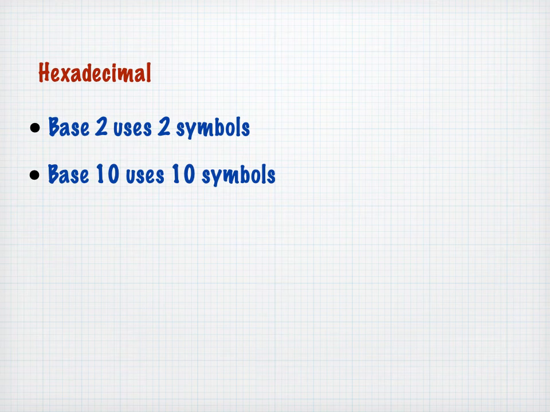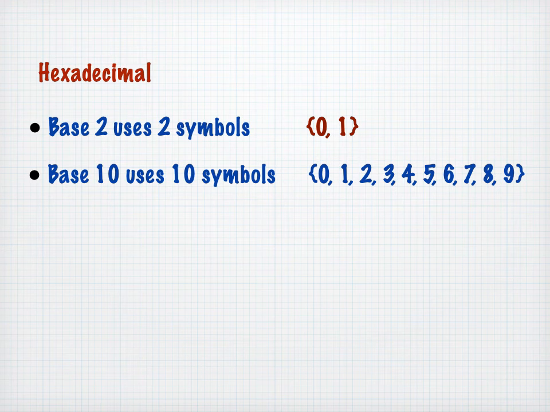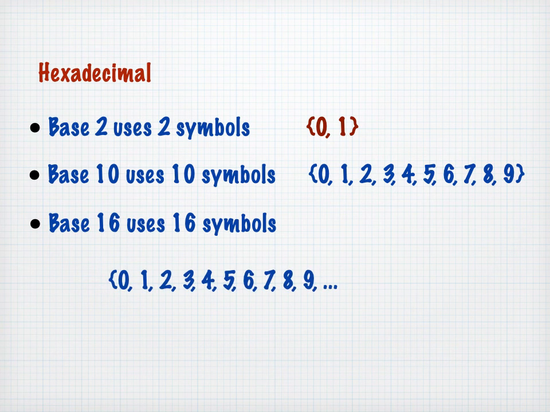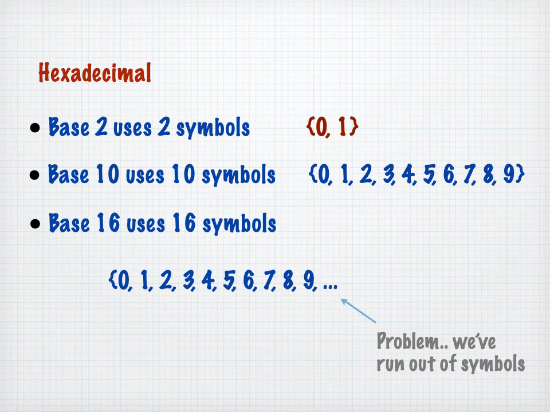We know that binary, which is base 2, uses 2 symbols. Denary, which is base 10, uses 10 symbols. And those are the particular symbols in each case. Well, hexadecimal is base 16. So that will require 16 symbols. So we can start off by using those symbols, but we've got a problem because we've sort of run out of symbols.